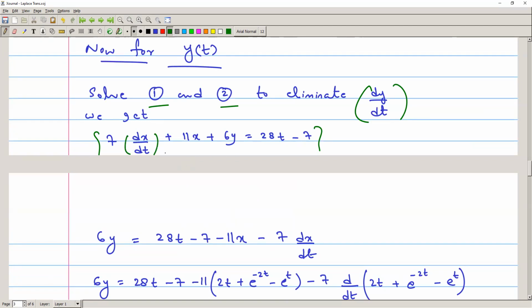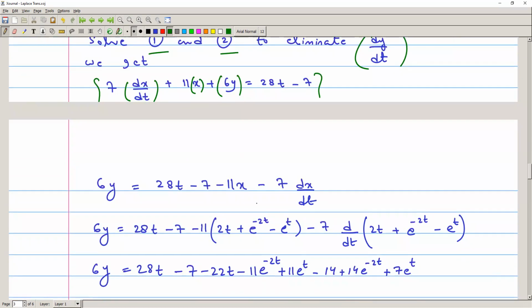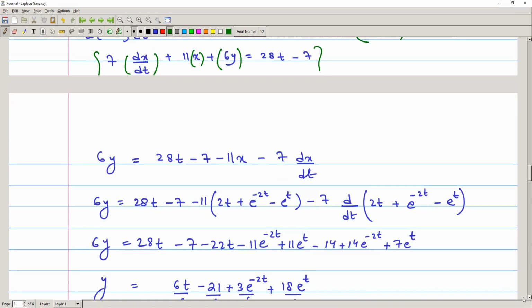Now we can find this dx over dt. This x is already found, so we will just replace it and find y from here, right? So 6y is equal to 28t minus 7 minus 11x minus 7 dx over dt. We can plug the value of x here, whatever we got in the upper part, and then take the derivative of x here.